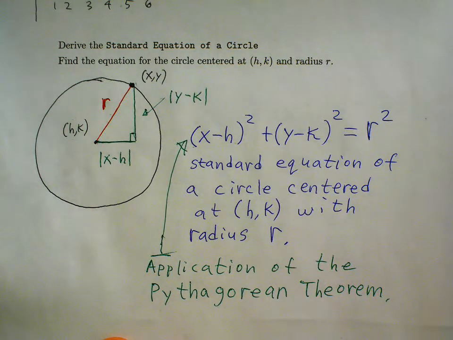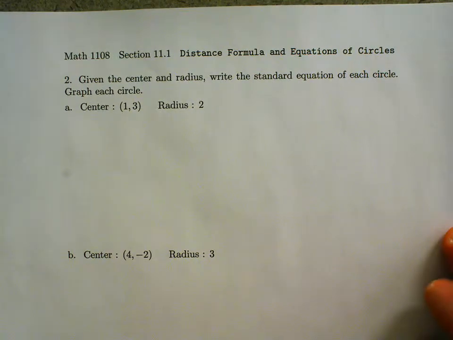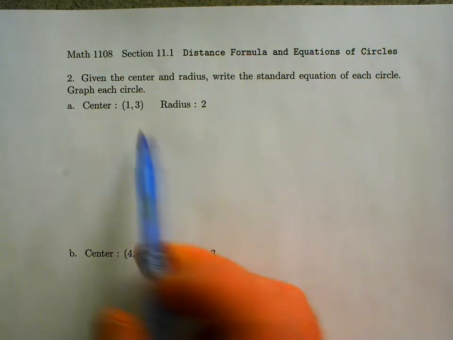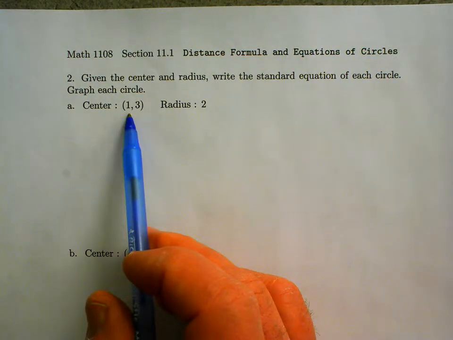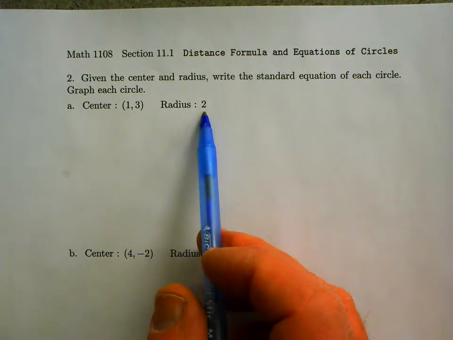All right, we'll look at some examples where we simply write down the standard equation of a circle if we're given the center and the radius. In part A, the center is the ordered pair 1, 3, and the radius is 2.